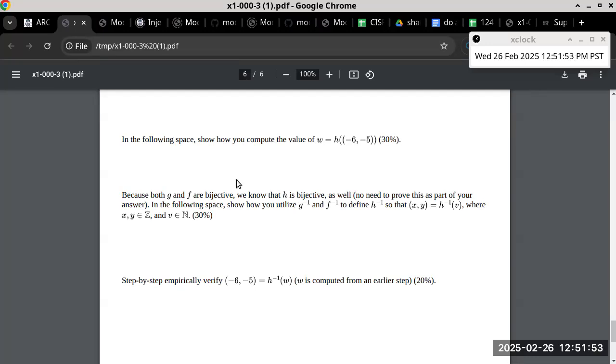Then I can talk about what we do with each one of those items that are the result of G inverse. And then we have to apply F inverse to each one of those in order to get all the way back to a two tuple of integers and not a two tuple of natural numbers.